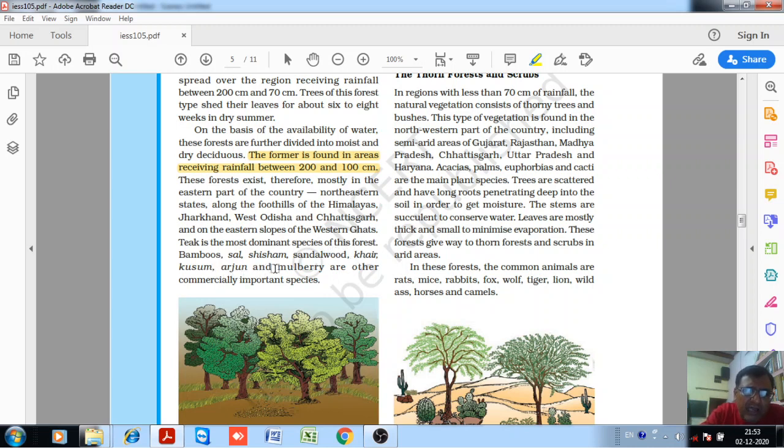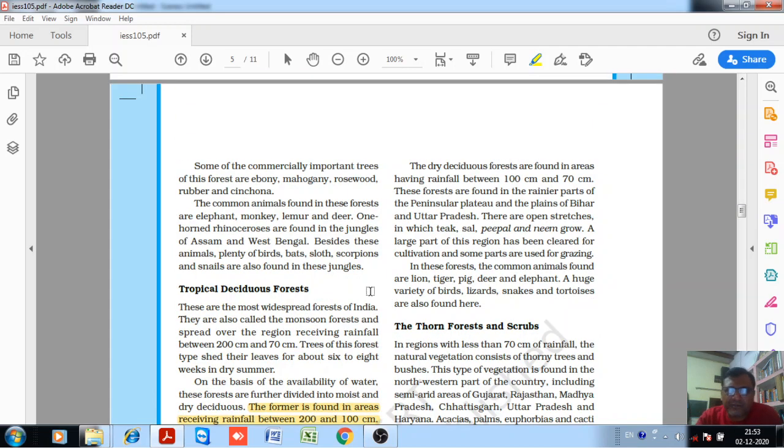Bamboos, sal, sesam, sandalwood, khair, kusum, arjun and mulberry are the other commercially important species. So you have to remember all such points for the answer of the question, which you have to write on moist tropical deciduous forests.